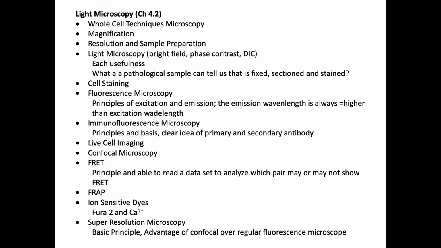Then immunofluorescence microscopy. Know the principle, and here, just make sure that you have a very clear idea about the primary and the secondary antibody. The way to visualize is that first you have your protein, then you have a primary antibody. To visualize this protein and the primary antibody, you need a secondary antibody to which you have a fluorophore attached.